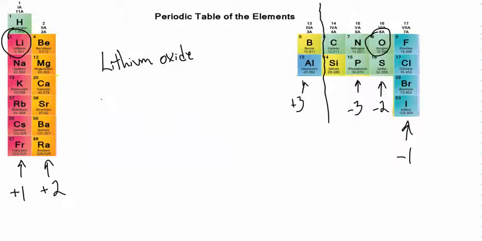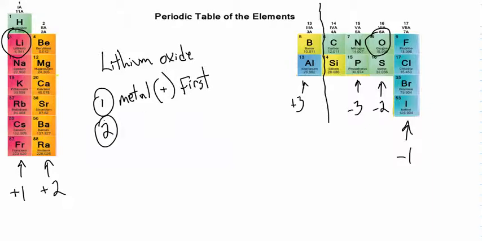Well, there's some rules. The first rule is that the metal goes first, and that's whoever's positive goes first. And then another rule is that the non-metal loses its ending and then has "ide" on the end.